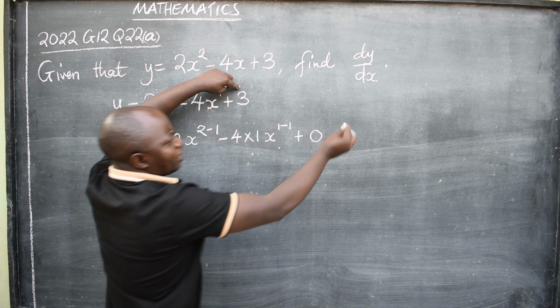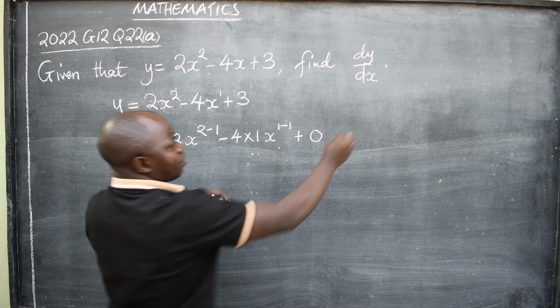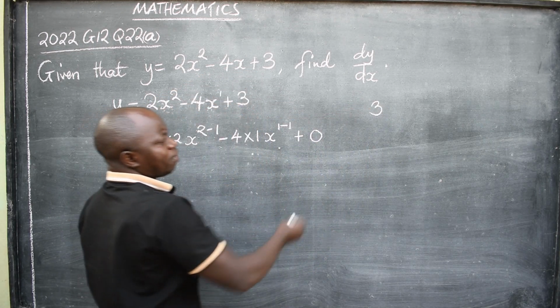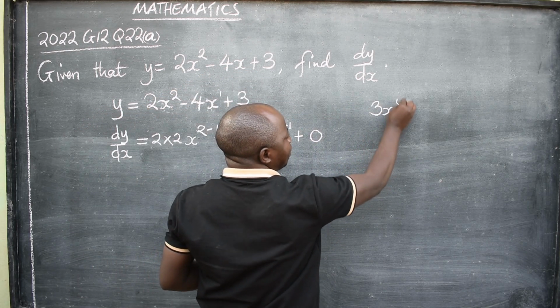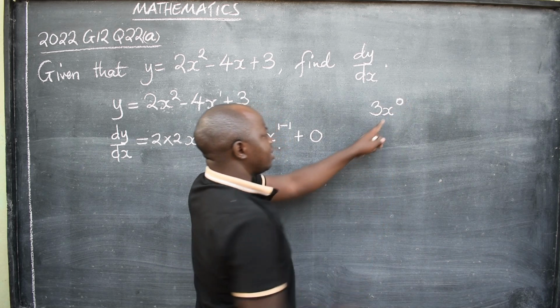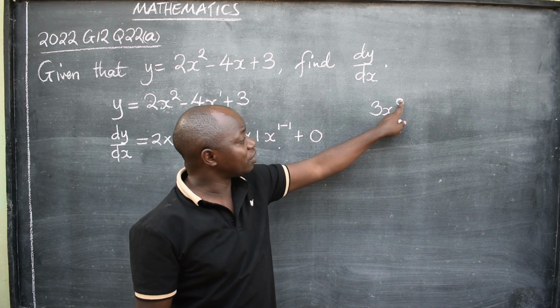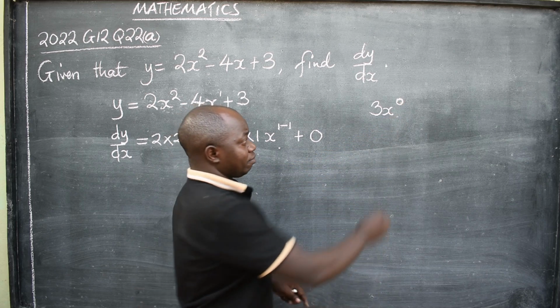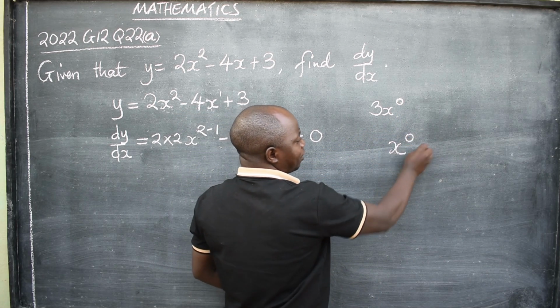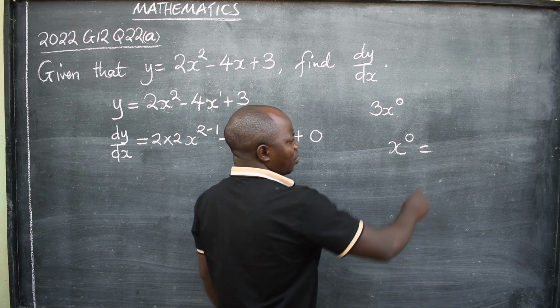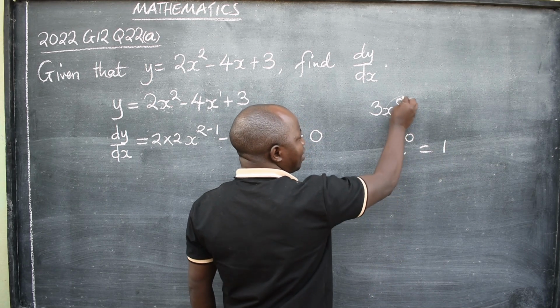Why? According to the laws of indices, we can say this 3 is the same as saying 3x to the power 0. Because the laws of indices say any number or any variable raised to the power 0 is equal to what? When I say x to the power 0, it's equal to 1, right? So what we have here is a 1.